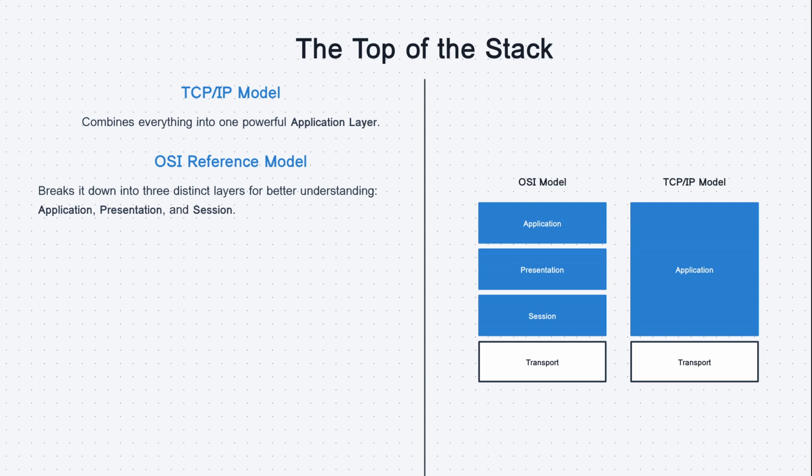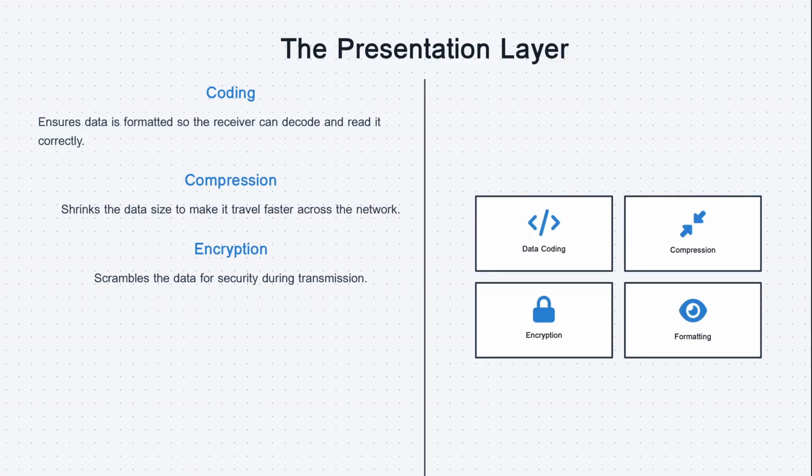Application layer: this is the interface you interact with. Then presentation layer formats and encrypts data so it is readable. Lastly, session layer: it starts, manages, and ends the conversation between devices. You can think of it as the front office of networking.